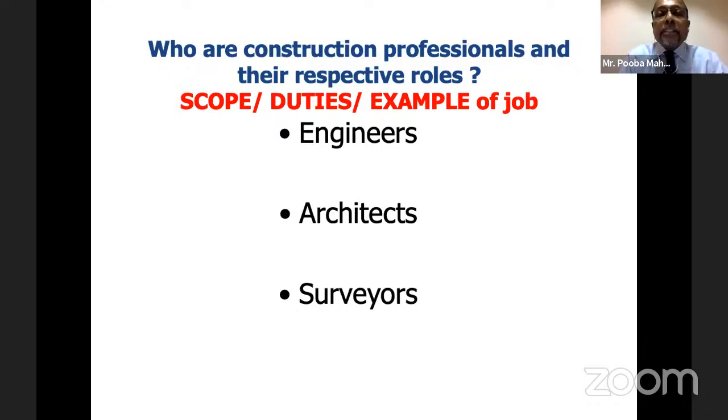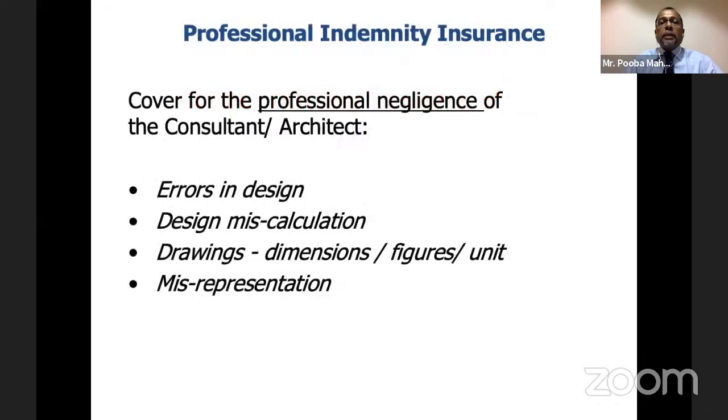So for that purpose, the PI policy will cover their professional duties. That is the purpose of the PI. So it covers professional negligence of the consultant or architect. For example, errors in design, miscalculation, drawing dimension, he gave the wrong dimensions, or misrepresentation. So all these aspects are covered under the PI policy.